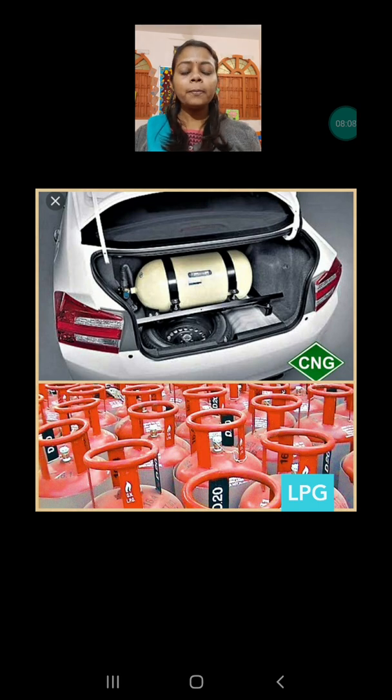Okay, because petrol is a fuel and wood and coal is also fuel, and these fuels are creating a lot of dark and harmful fumes and smoke. Okay, so please, if you are having the car, please switch over to CNG. And I know you all are cooking your food on LPGs. Okay, if you are not doing, then please convey this message to your mother and switch over to LPG.